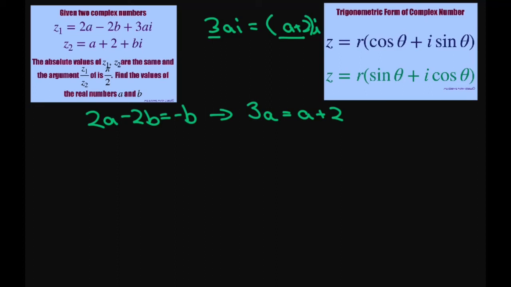Our i's already match, so we can just look at it that way. Solving for this one, 2a equals 2, so a equals 1. So a is 1, we get 2 minus 2b equals negative b. And when you add 2b to both sides, you get 2 equals b.